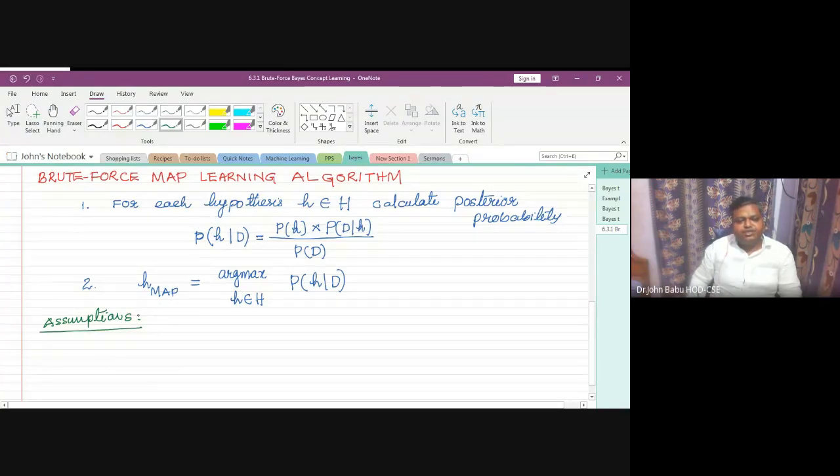Candidate elimination and Find-S algorithms will not work if the data is noisy, that means if there are some errors in the data. So the first assumption is that the training data D is noise free.